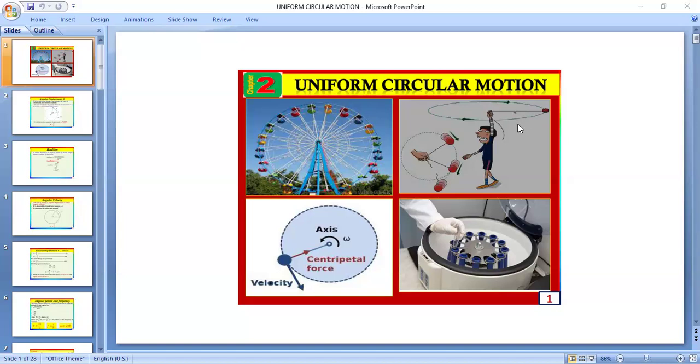Anytime you see vertical circular motion, you have to introduce the weight of the object, which affects the centripetal force. Whenever you see horizontal circular motion, you neglect the weight of the object, which does not affect the tension in the string that provides the centripetal force.